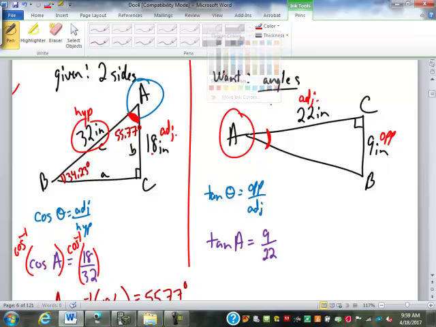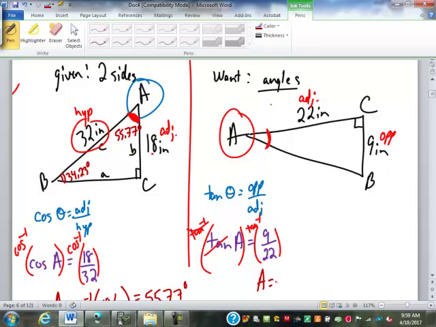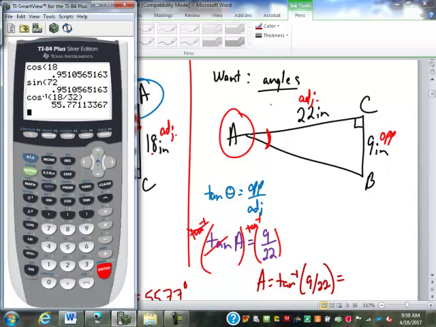Since we are looking for an angle, we use an inverse. It's a tangent, so we use an inverse tangent. So that tells us that our angle A is equal to the inverse tangent of 9 over 22. So second tangent 9 divided by 22.